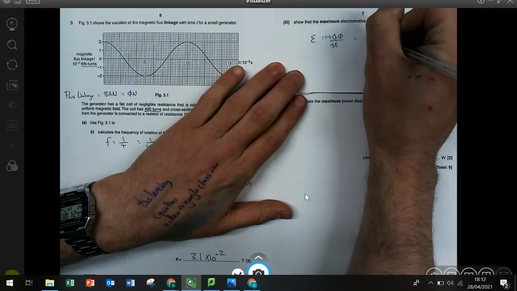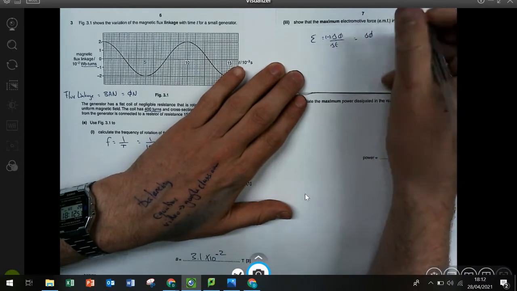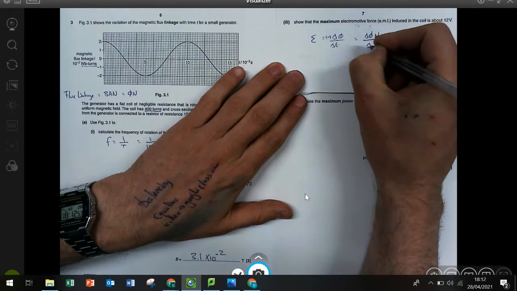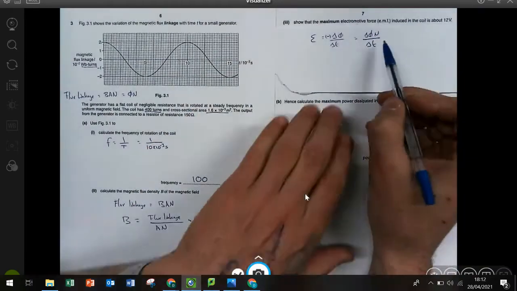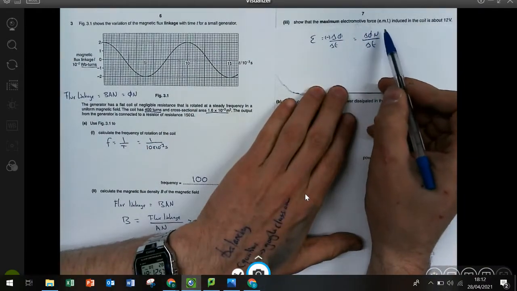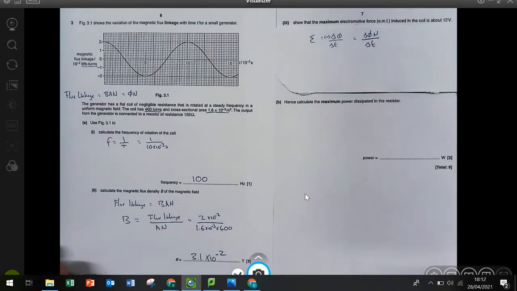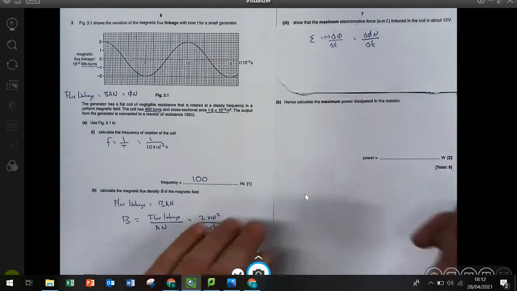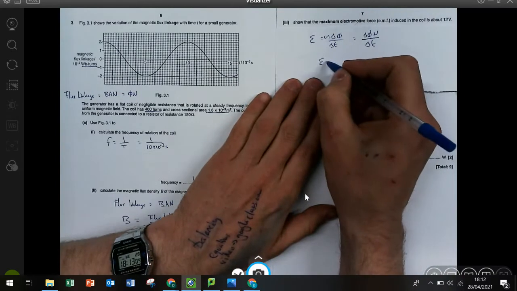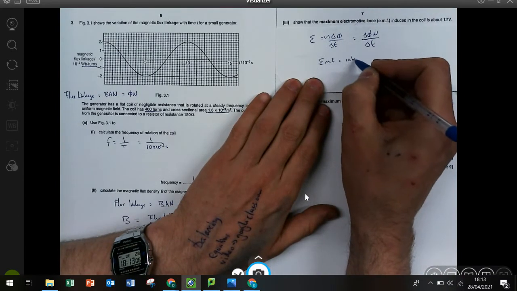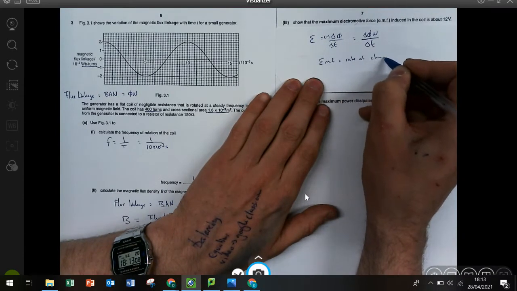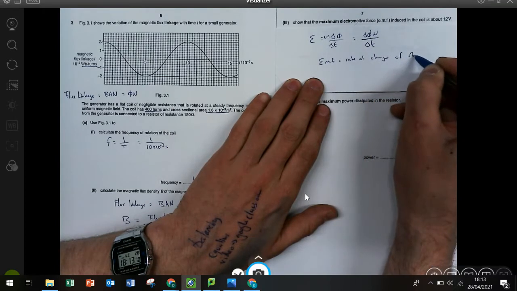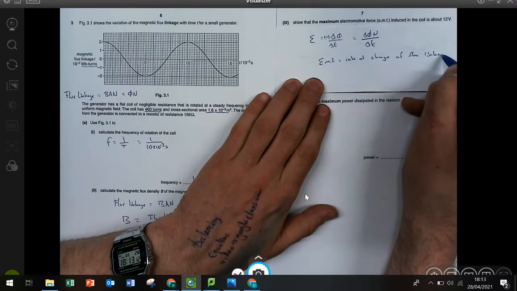But we do need to take into account the fact there is more than one coil here. So it becomes phi n, because each coil will experience the same flux through it. So what is this telling us? This is telling us that EMF is the rate of change of flux linkage.